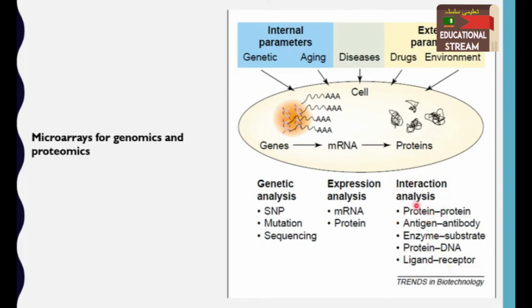As well as the quantitative analysis of the protein and how it is dependent upon the cell state, as well as the external or internal parameters, the whole data can be obtained from a single experiment, which is known as the protein microarray, which generates a large amount of data which is then analyzed to obtain all of this information.